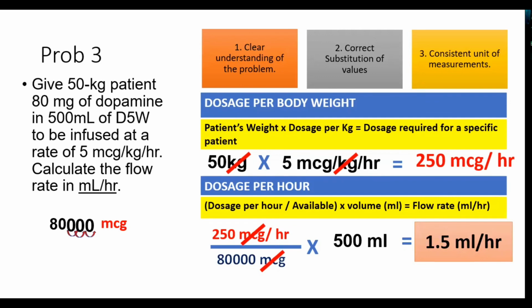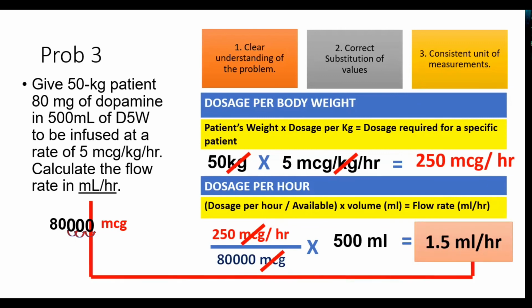The unit of measurement that is left is ml per hour, and proceeding with the drug calculation, the answer will be 1.5 ml per hour. Now, comparing our answer with what is asked in the word problem, we are tasked to calculate the flow rate in ml per hour. And our answer is correct.